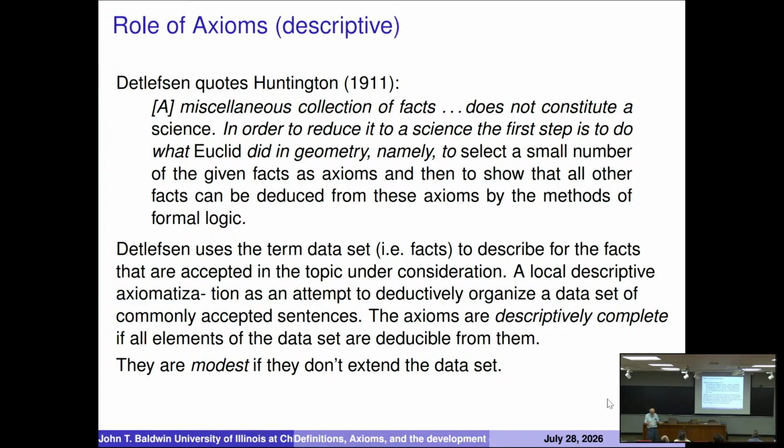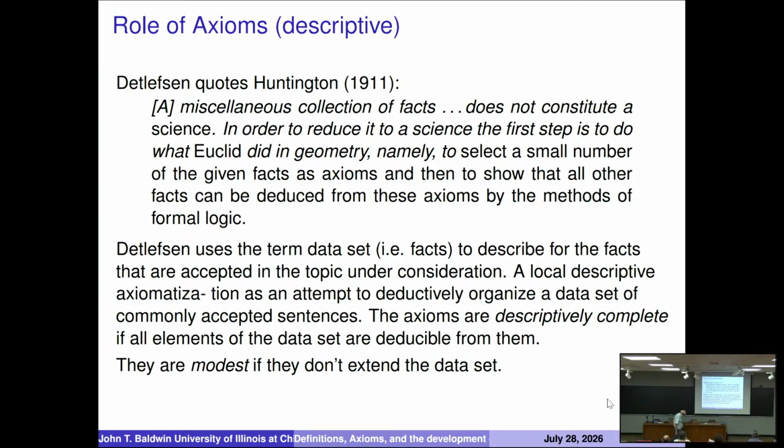So Detlefsen is taking a kind of subjective sort of thing, commonly accepted, right? But it's part of what I've been talking about earlier. I say a concept is shared. That's this common acceptance. And the axioms are descriptively complete if all the elements in the data set are deducible from them. And they are modest if they don't extend the data set.